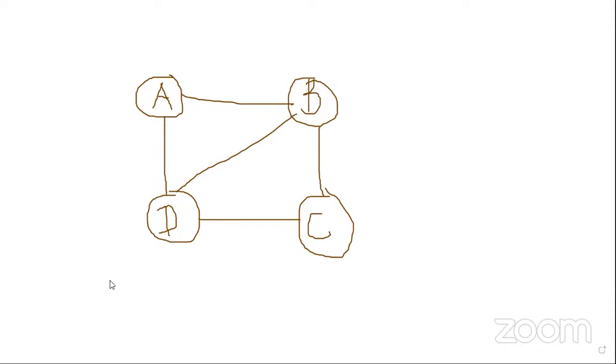In math, we used to call this a complete graph, that's why I'm using it. But see, a complete graph is different and a clique is different. A complete graph is with respect to the entire graph, but a clique can be a subgraph also. It's not necessary that it should be an entire graph. As I said, ABD is a graph, but with respect to the mathematical property, you cannot say ABD is a complete graph.